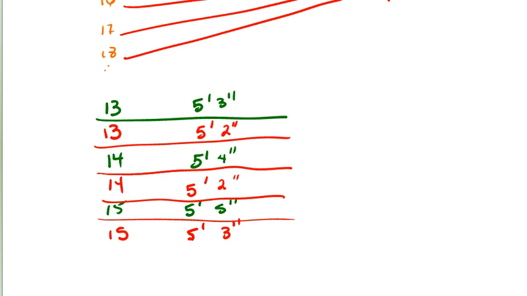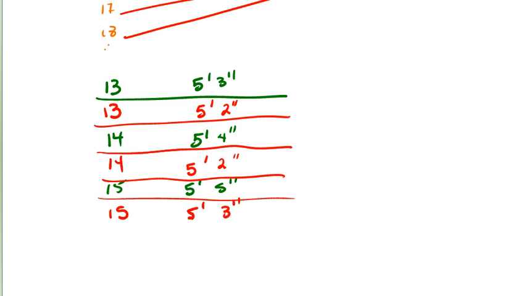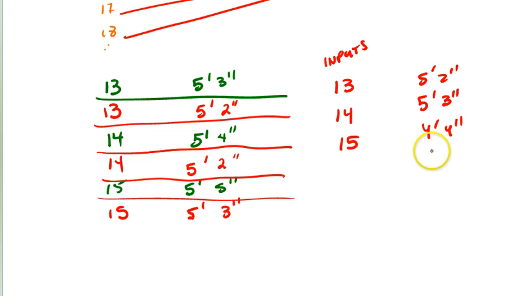Now, if I look at my data here and I map it out, I have 13, 14, and 15 as my inputs. And as my outputs, I have 5 foot 2 inches, 5 foot 3 inches is a choice, 5 foot 4 inches is a choice, and 5 foot 5 inches is a choice.